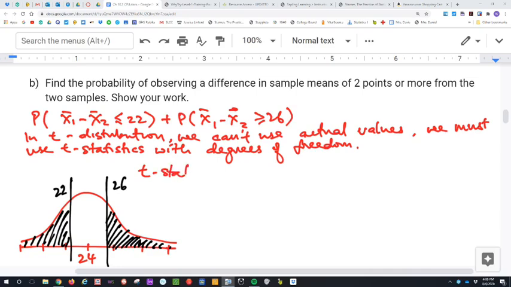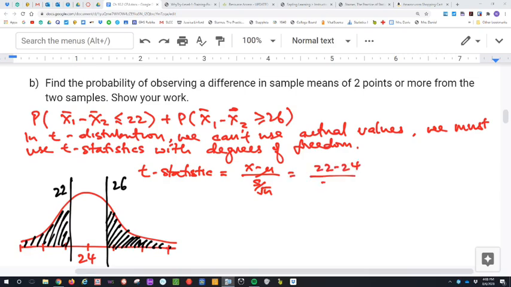So T statistics has a formula quite like the same as your z-score, where you have the x minus the mean, mu, divided by standard deviation. So same thing here, x minus mu divided by standard deviation, but this is a standard deviation of the sample. That's why it's s divided by root n.